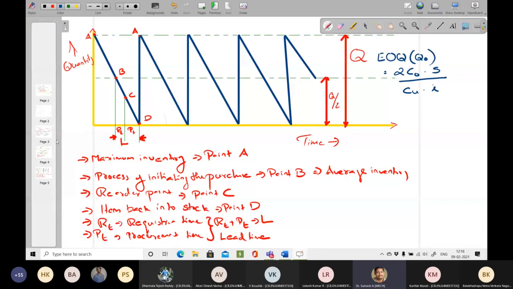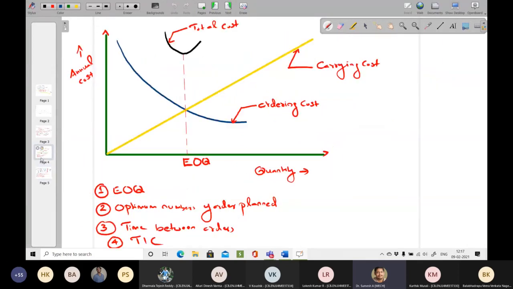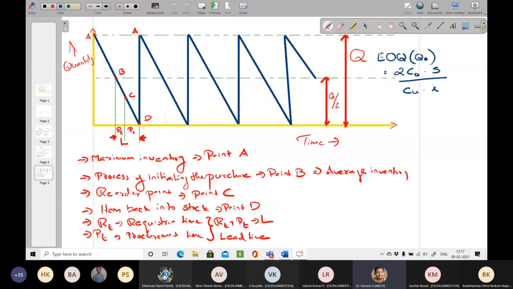We have written over here the EOQ, optimum number of orders per plan, time between orders and total inventory cost. So the same thing I'll write here again. EOQ we can calculate by using this particular formula. The second thing is the optimum number of orders.